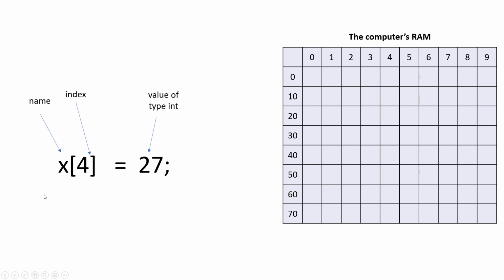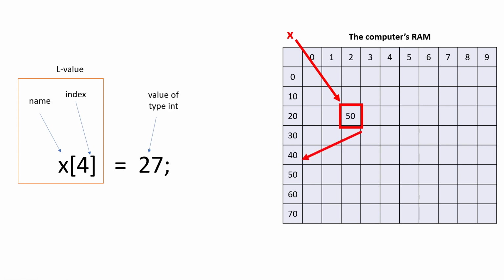Now, just like before, this is the L value, the value on the left-hand side of the equals sign, and that refers to, first of all, X, which is this spot in memory. Now remember, that spot in memory doesn't store the value of X, it just stores the memory address of the array, and that array will store the 10 values which I'm referring to.